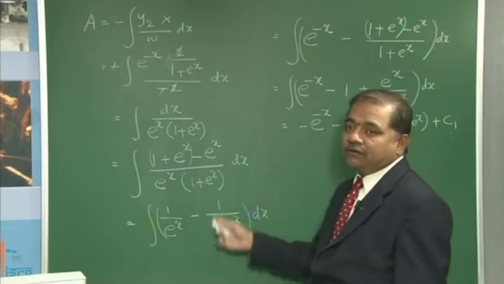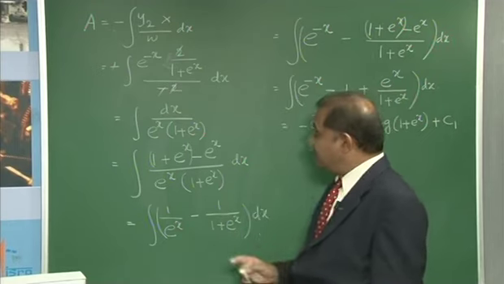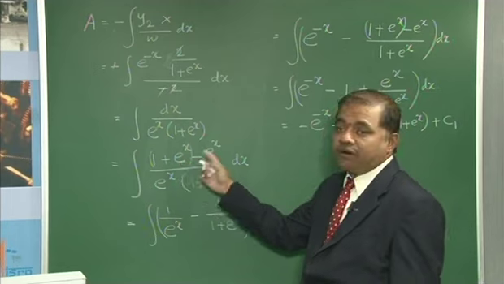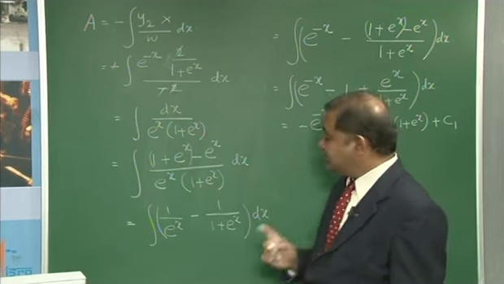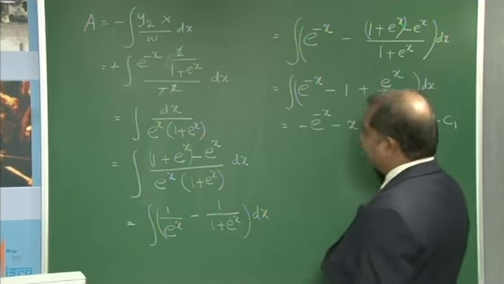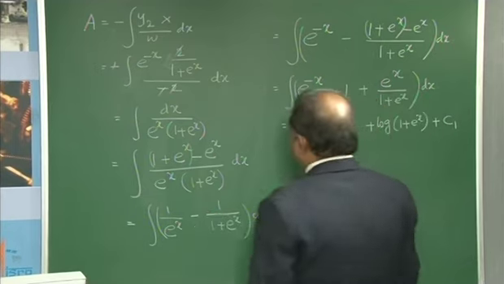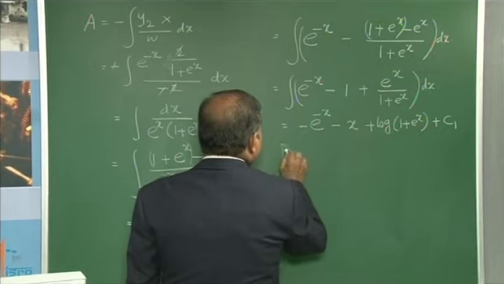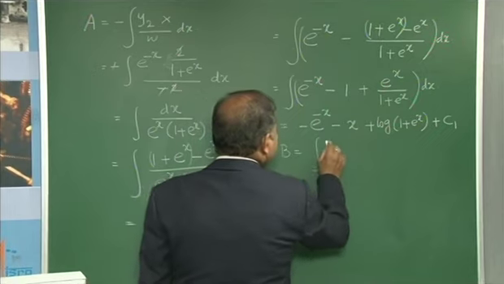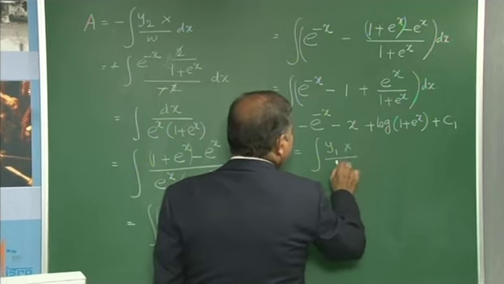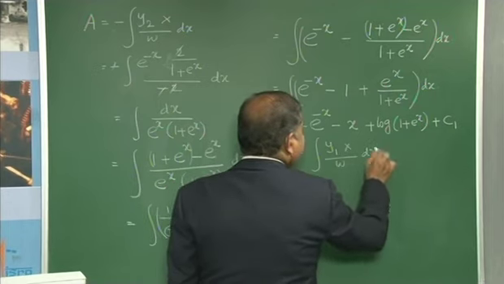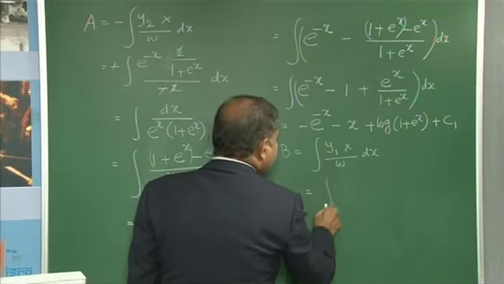So, follow the procedure very clearly. We have added and subtracted e power x 2 times, divided properly, so that I can get the integral. What about b? b is not this much difficult. It is integral y1 capital X by w dx. Why is it not that much difficult?